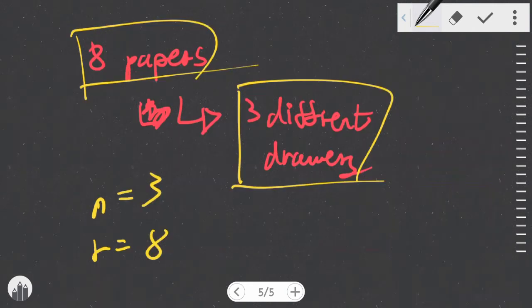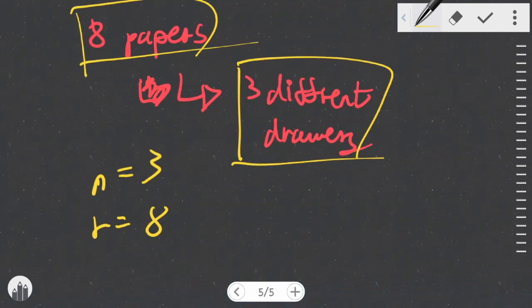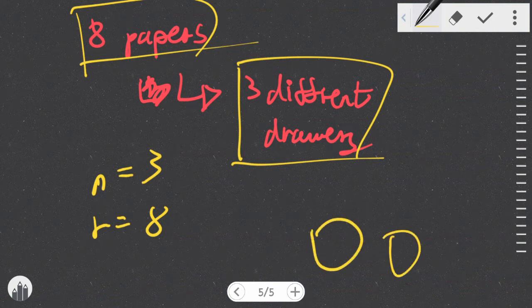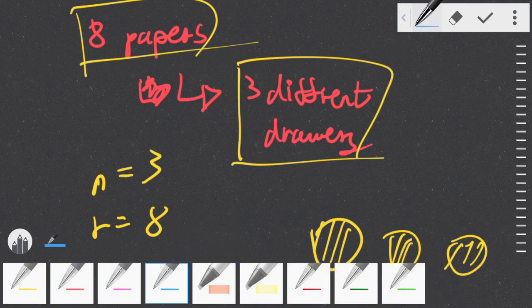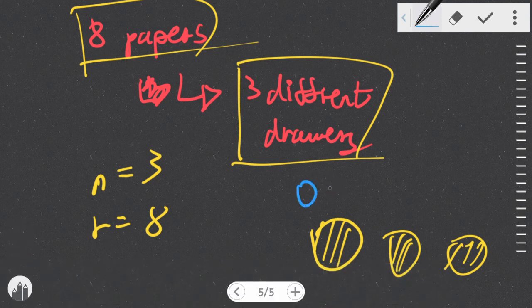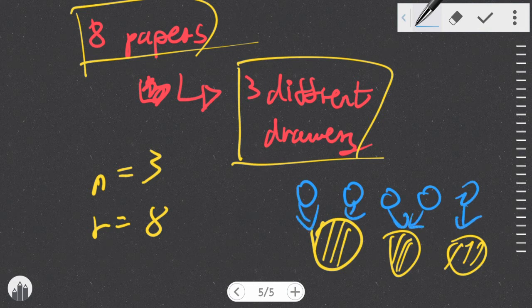To clarify n and r for the repeated combination, think that the big sets, here the drawers, are going to be n, and the things that are classified into different categories, the things that are going to be chosen, are going to be r.